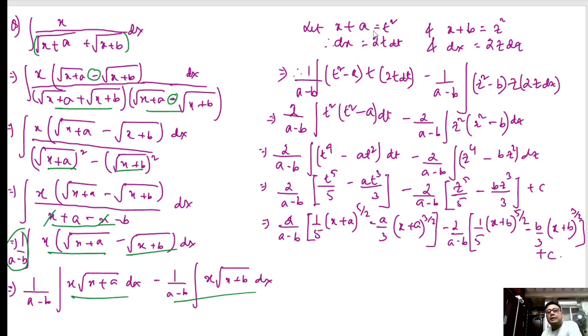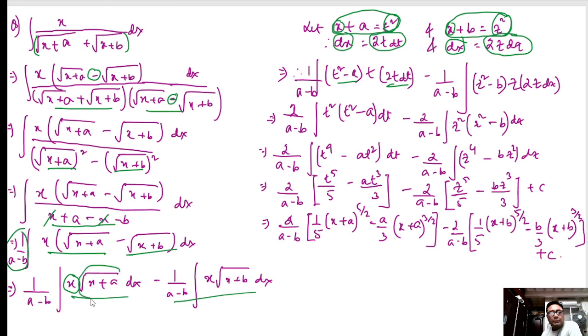So we are separately writing it, and now we have to do this. Let x plus a equal to t square and x plus b equal to z square. So this becomes dx, differentiation of x is 1, so 1 dx, and t square is 2t dt. Similarly, dx and z square is 2z dz. So now we have to replace it. x becomes t square minus a.